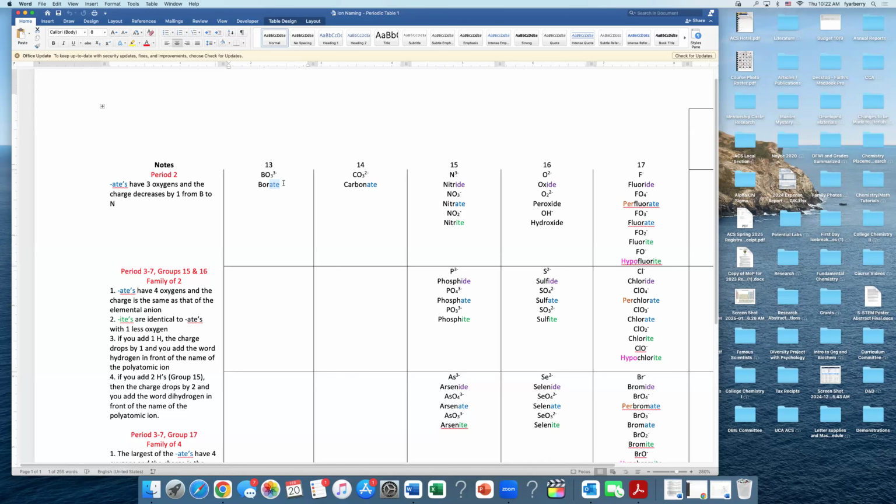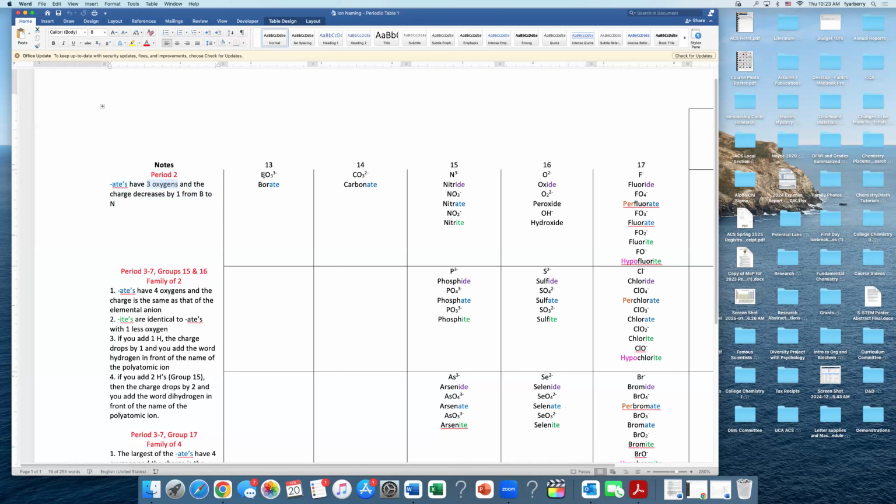Now the question is, how many oxygens? And that's where it helps to know what period the non-oxygen element is in. If the non-oxygen element is in period 2, it is always going to have 3 oxygens.